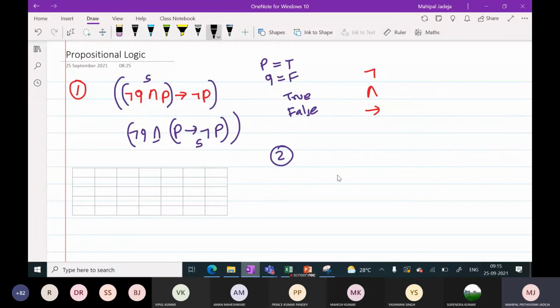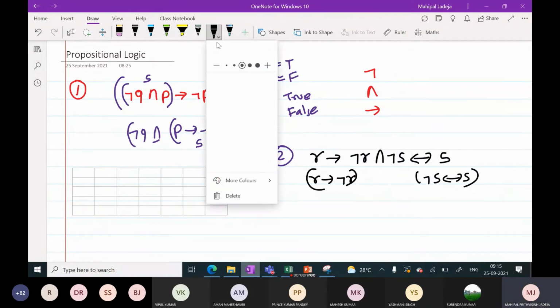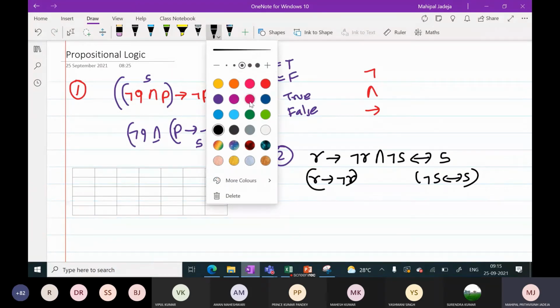I've already used symbols P and Q, so let me use R. So R implies negation R and negation S double implies S. Now, without knowing about precedence rules, this seems very complicated. The traditional approach is to first evaluate R implies negation R, then evaluate negation S double implies S, and then use conjunction between them.